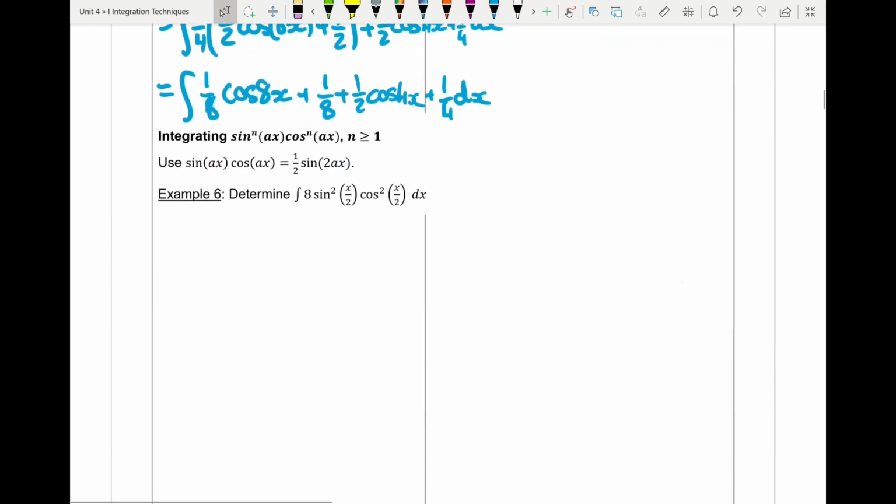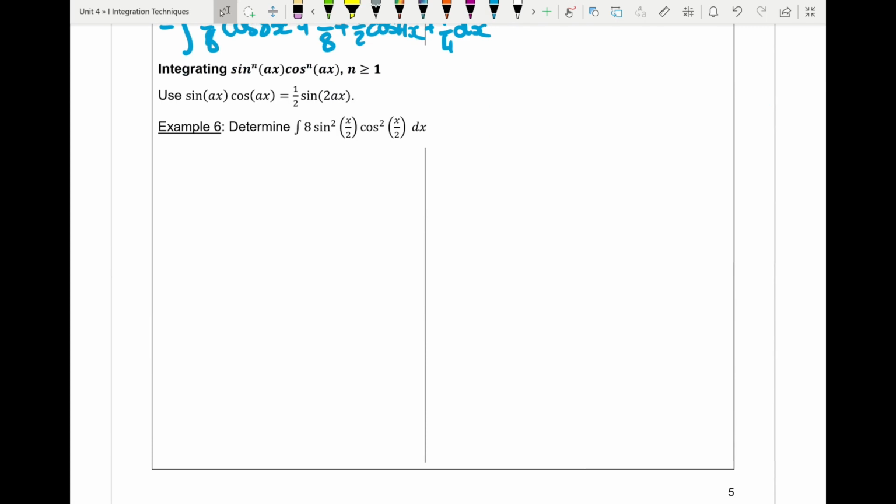So if instead we're looking at a product of powers of sine and cosine, we can then use the fact that that product is equal to half sine of 2ax. So in our case here, we can rewrite sine squared of x on 2, cosine squared of x on 2 as the square of the product.